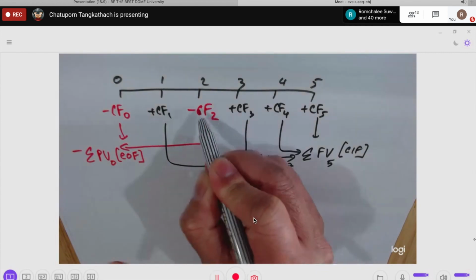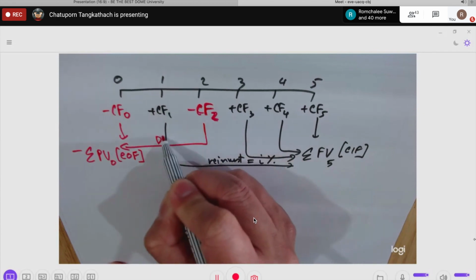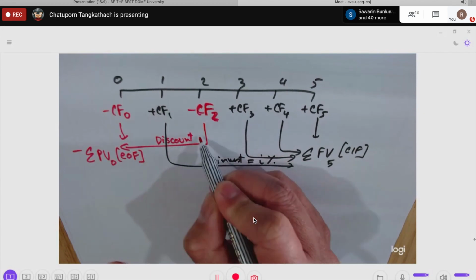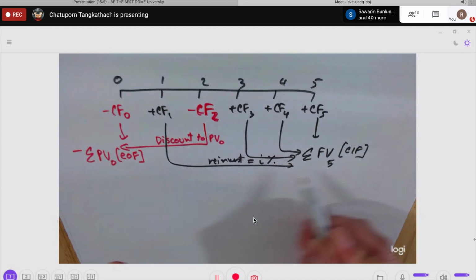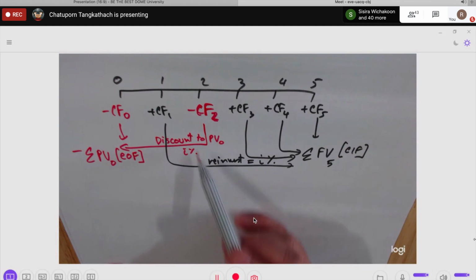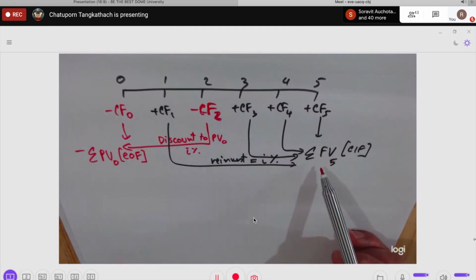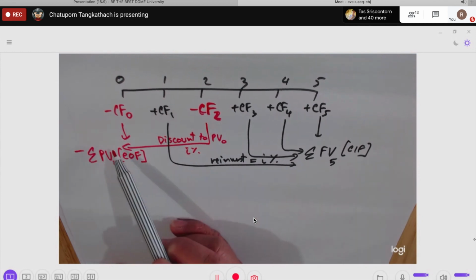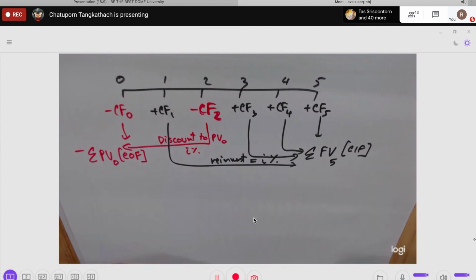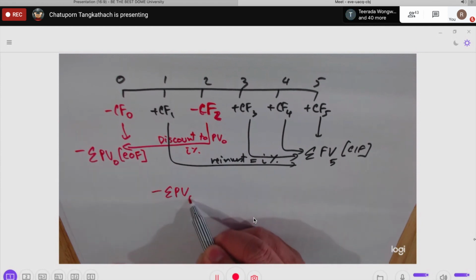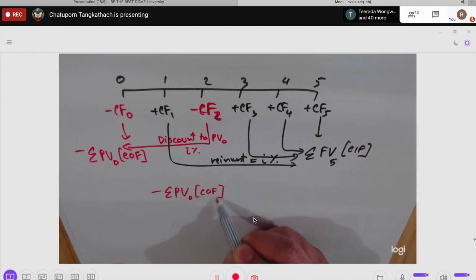So for the cash flow in year 2, you need to discount it back to present value, in this case at I%. If the question says nothing else, just use the same rate. Compute PV here, compute FV here. The future value will be everything that is positive, and all the cash flows that are negative come back to be the present value. After that, you compute MIRR out of that.